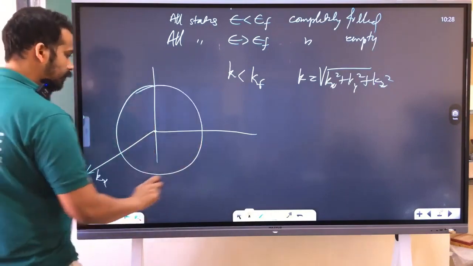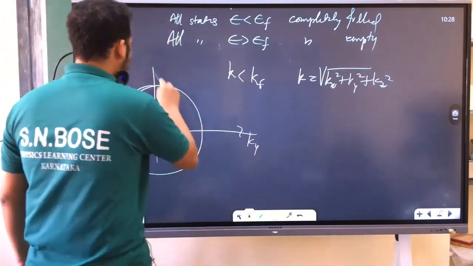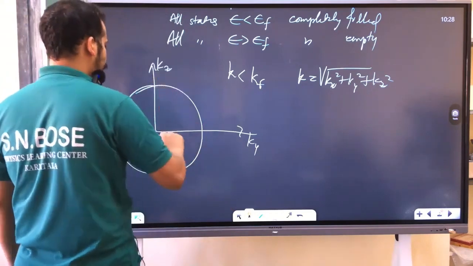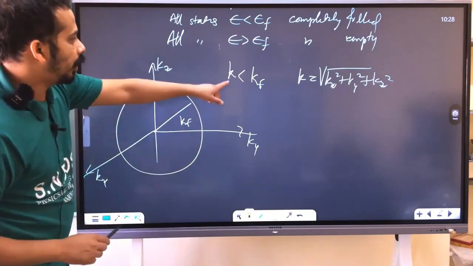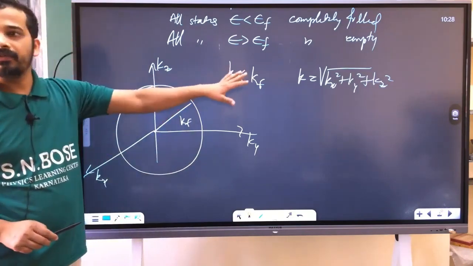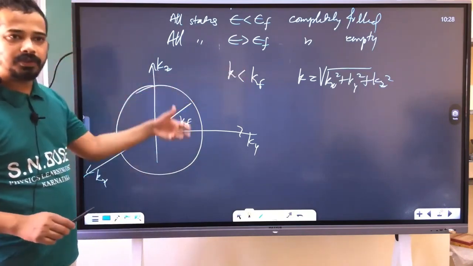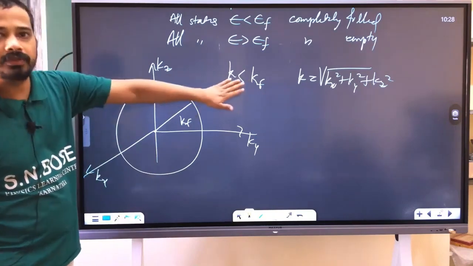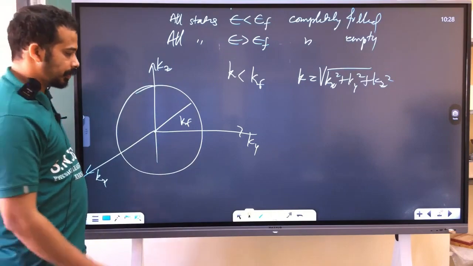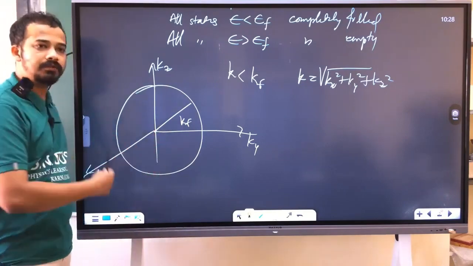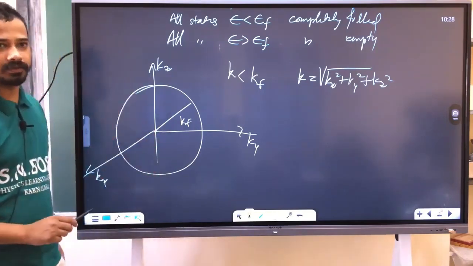If you take kx, ky, kz and a Fermi sphere of radius kf, all states k less than kf are completely filled, meaning all states within this Fermi sphere are filled. This talks about a spherical region, mathematically. Are you getting the point? All of the states within this kf are completely filled at 0 degree Kelvin.